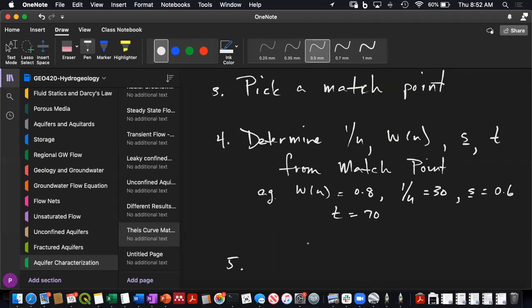So T, our transmissivity, now is equal to the pump rate, Q, divided by 4 pi S times WU. All right, I got this and this from up here. All right, I need to know my pump rate and I can calculate my transmissivity.